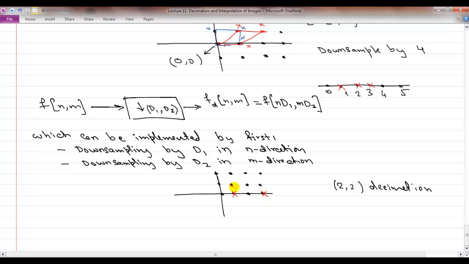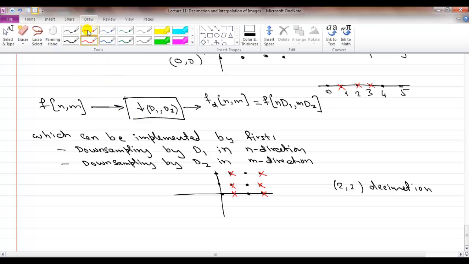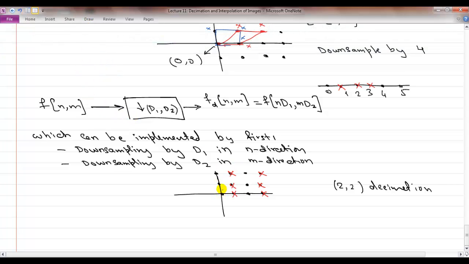So you go here, throw this away, and you are left with now these samples. So you are now finished downsampling in the n direction, the x direction, whichever variable you want to use. And after that, whatever is remaining, you now downsample in the other direction.